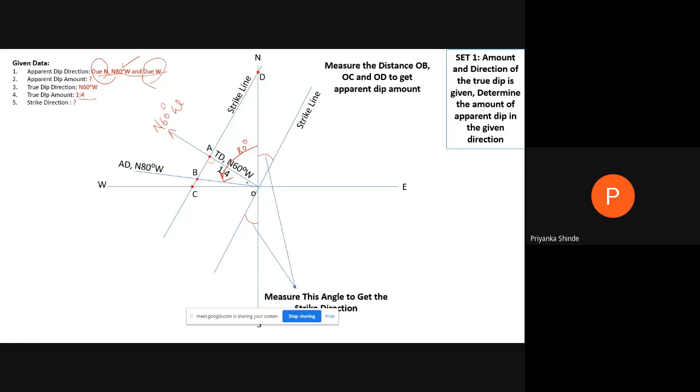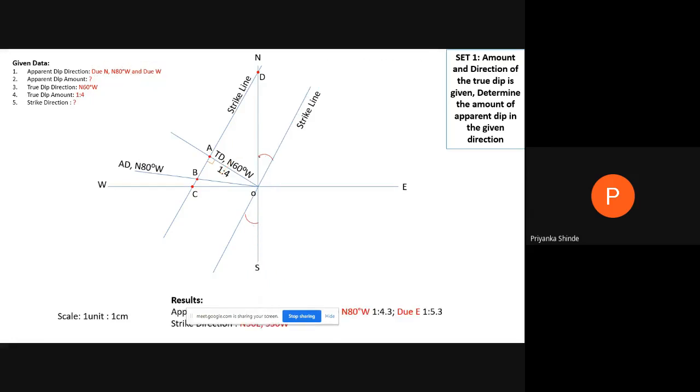Then the final answer you have to write is the strike direction you have to measure. So strike direction is the angle between the north-south, east-west line and the strike line. So here the strike line which we have drawn is making an angle, that is north 30 degree east and south 30 degree west.